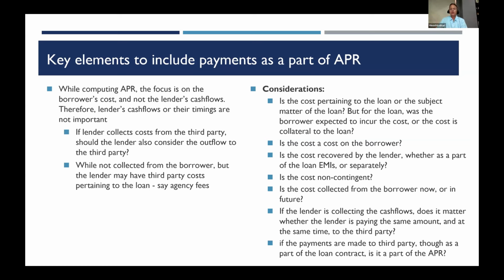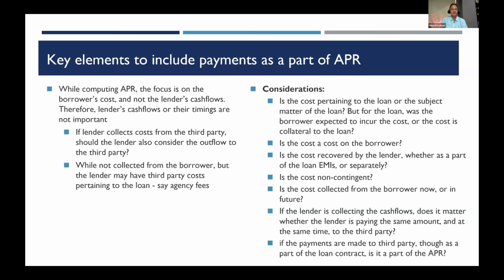That is, but for the loan, was the borrower expected to incur the cost, or is the cost collateral to the loan? Like I said, the cost of furnishing, cost of bodybuilding, cost of registration of vehicle. These costs would have anyway been a part of the vehicle cost. They are not part of my loan offering. These are part of the vehicle supply. I am not a vehicle vendor here. I'm a lender, not a vendor.